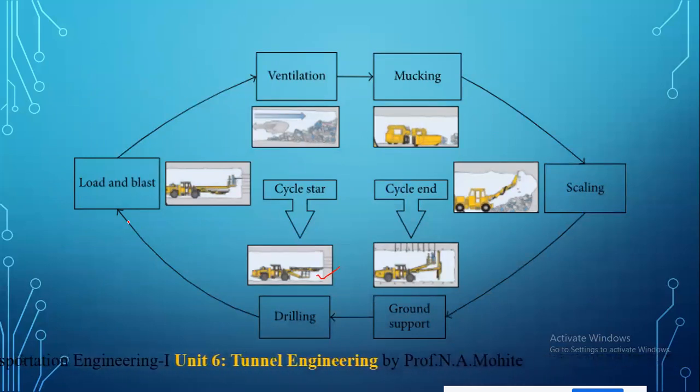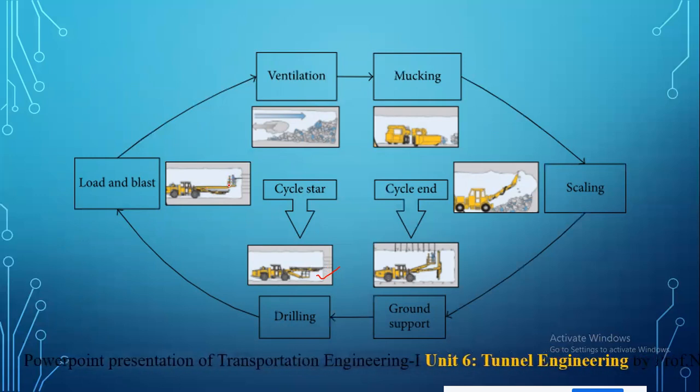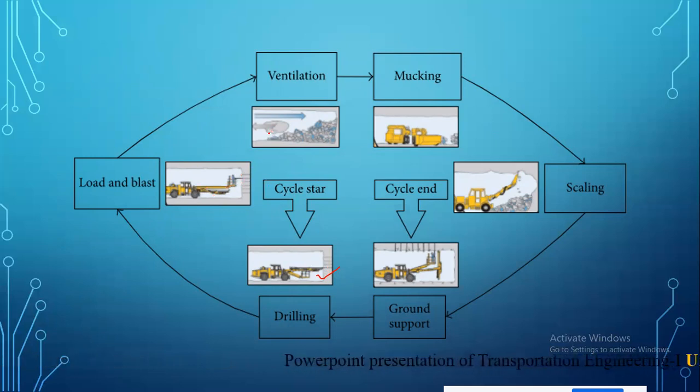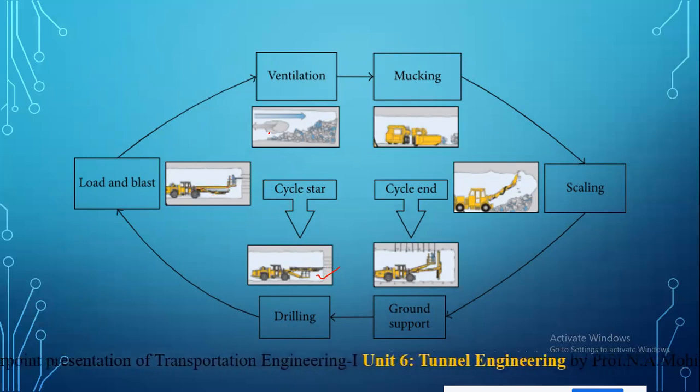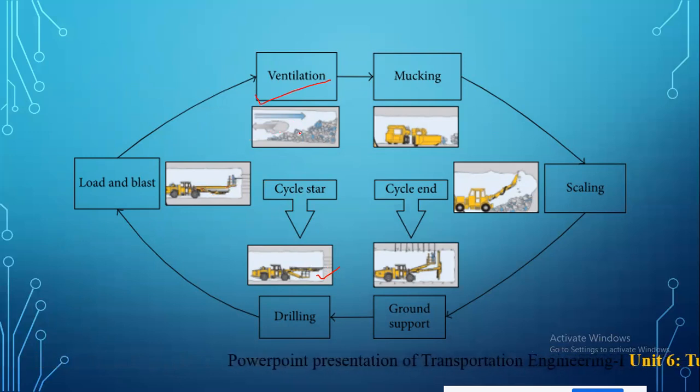Then after drilling the holes, the explosives are filled into those holes and blasted, or firing is done. After firing, dust is formed, so to remove that dust, ventilation is provided, so the workers who work there can work easily.